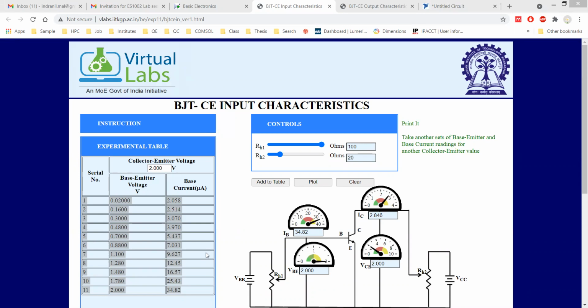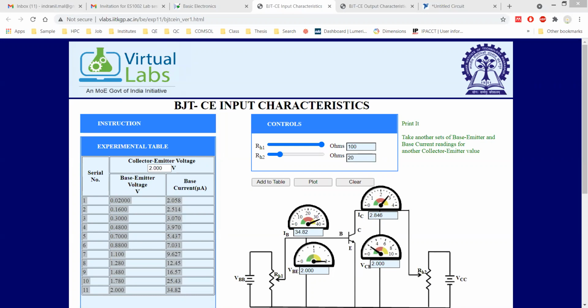Okay, this is for 2 volt. Let's have some other data value. After that, we can copy it, and then we can plot them together to see if there are any changes or not.